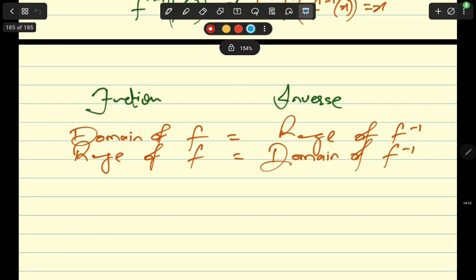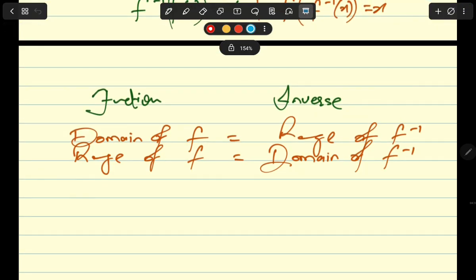Now, perhaps this is the most important idea when studying inverse functions: the domain and the range of functions swap.